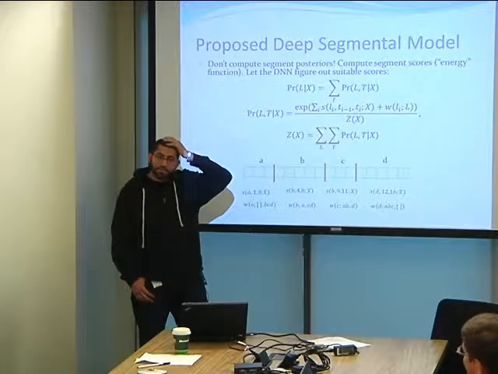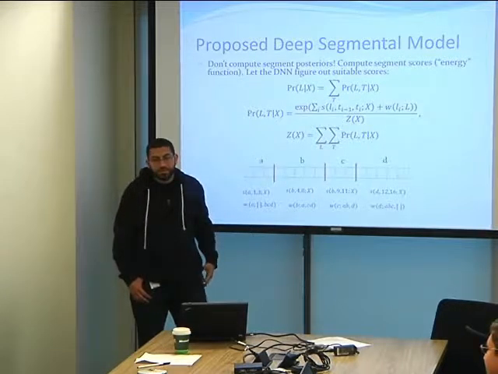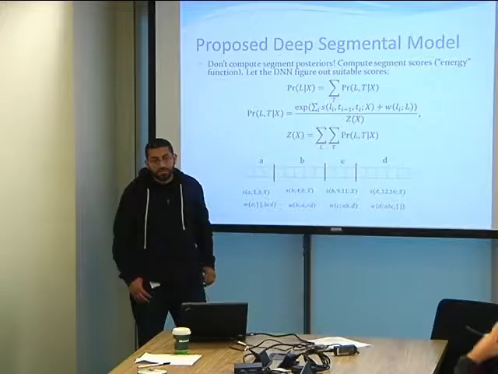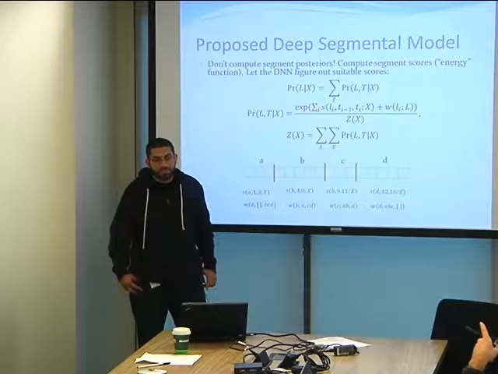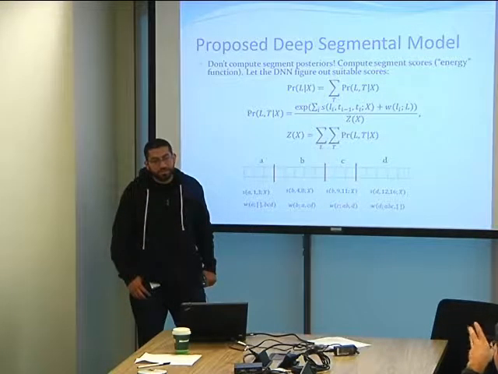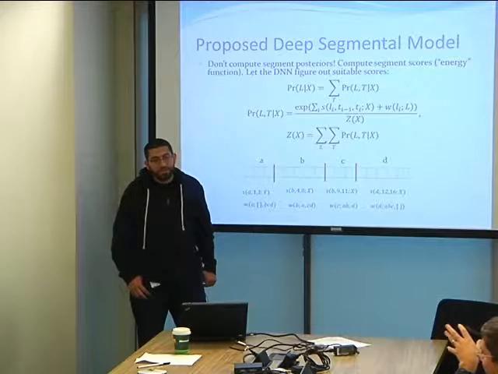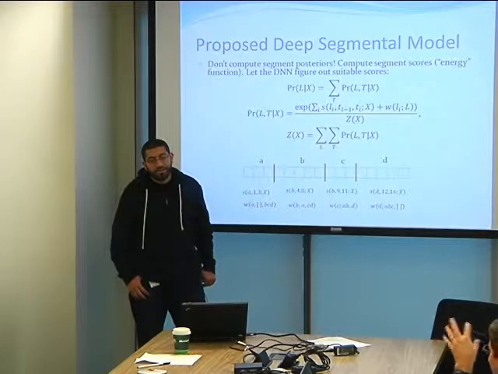The concept is that the score is defined on the whole segment. But he used a generative model, with some unusual anti-phone models for different phones.